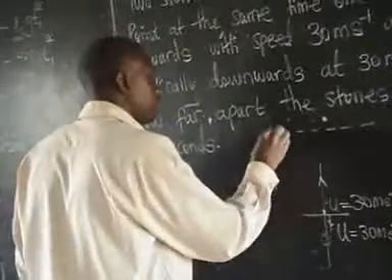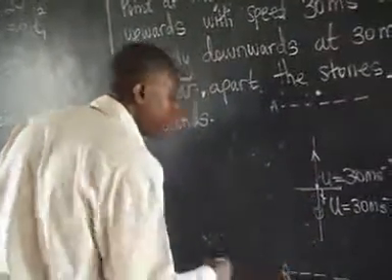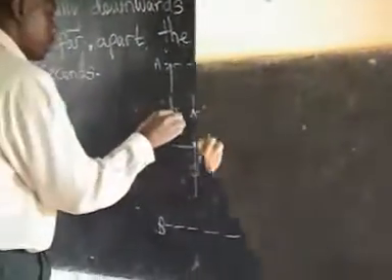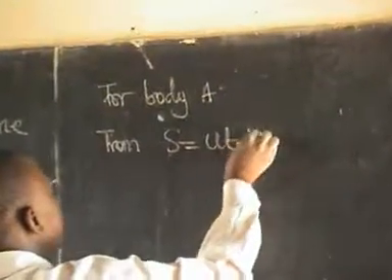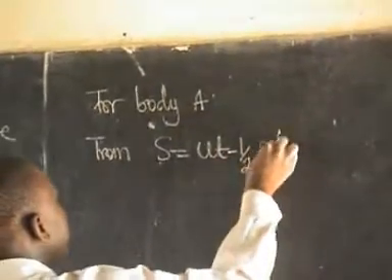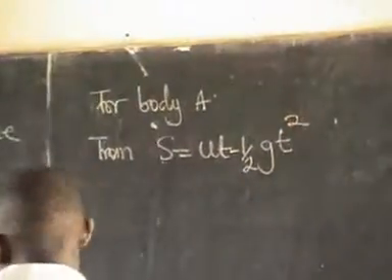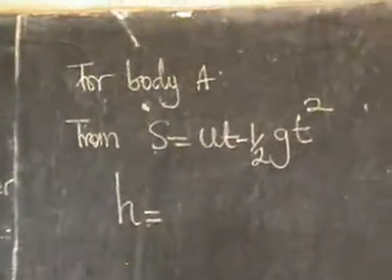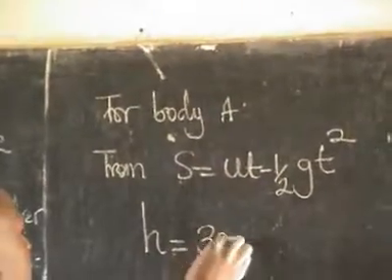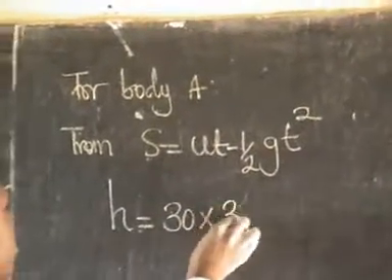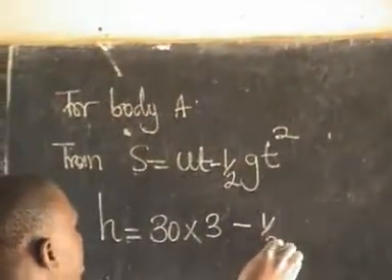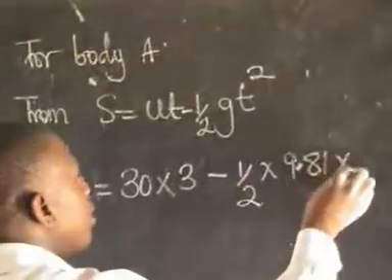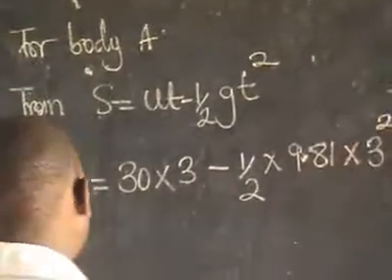So if I call this body A, let this be body B. If this one has moved through a vertical displacement s = ut - half gt squared, we shall have h is equal to u, which is 30, times the time, which is 3 seconds, minus a half times 9.81 times 3 squared.